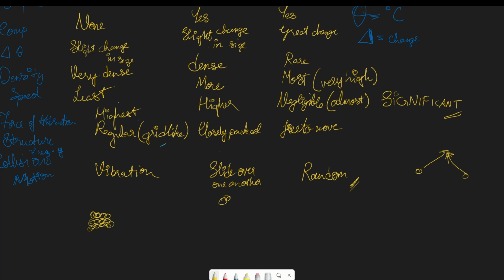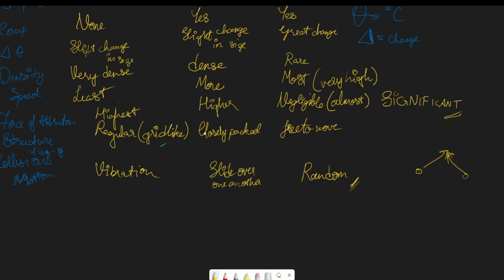In liquids, they're moving around one another. They're moving like this, right? They're not moving at a very high speed. So when they collide, it doesn't cause that much of a change in motion because they're very close, but they're not touching. Right? They're very close in liquids.